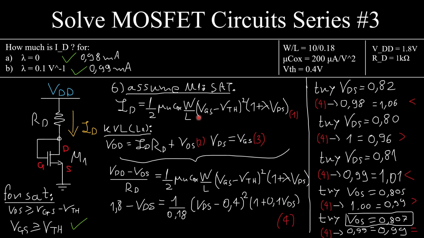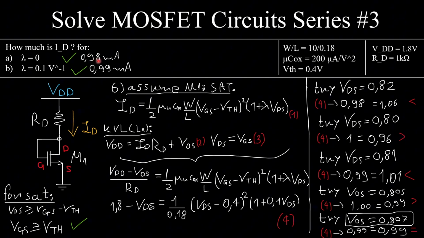So we see that whether we have to include or we don't the channel length modulation, the difference on this voltage will be perhaps small or large depending on the context. So is 0.82 so much larger than 0.807?